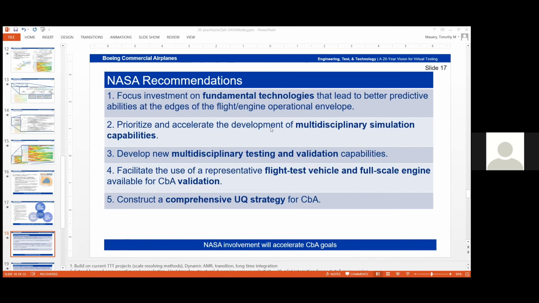Number three is validation capabilities. The CRM ecosystem is a good start for developing these new multidisciplinary validation methodologies.